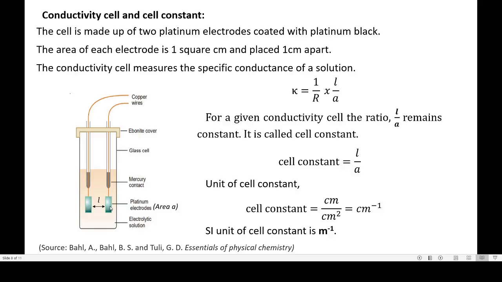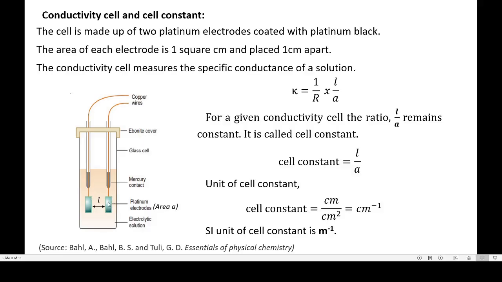The distance between the 2 electrodes is 1 centimeter, denoted by L, and the area of the electrode is A, which is equal to 1 square centimeter.